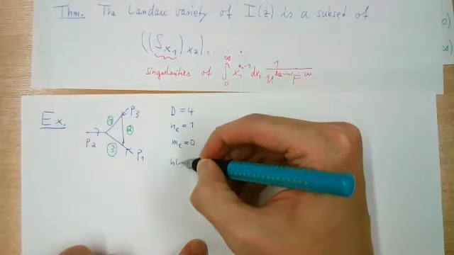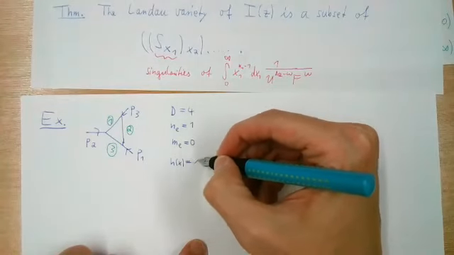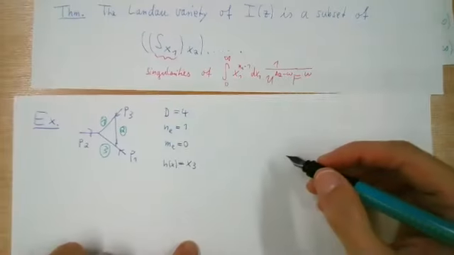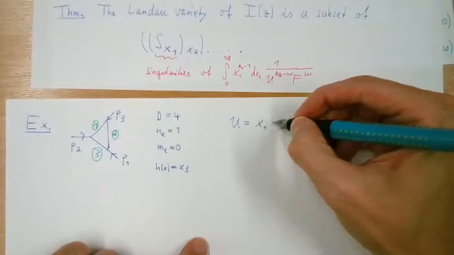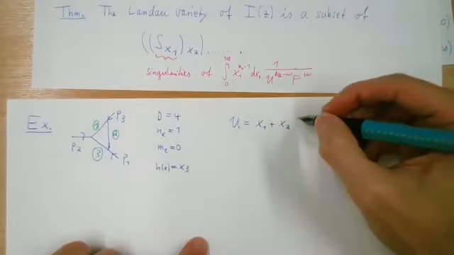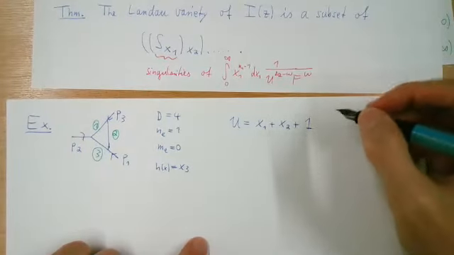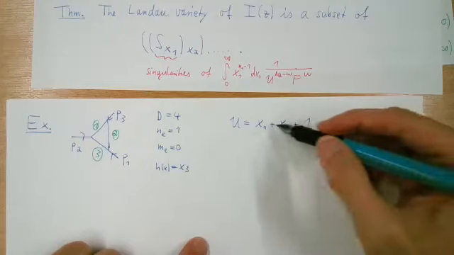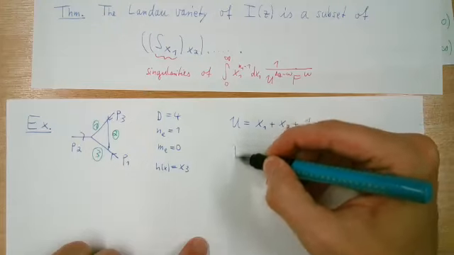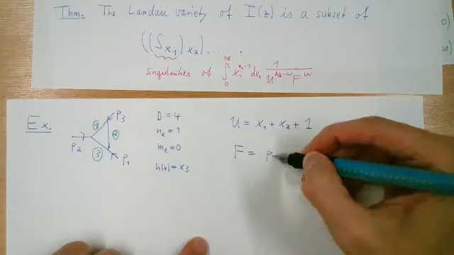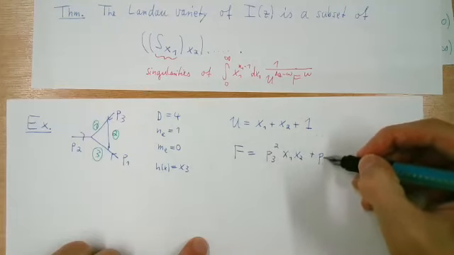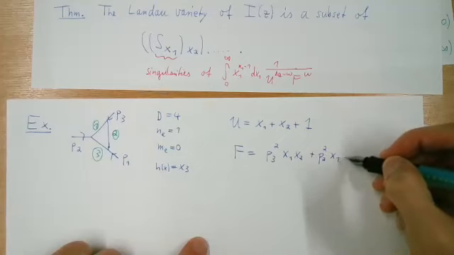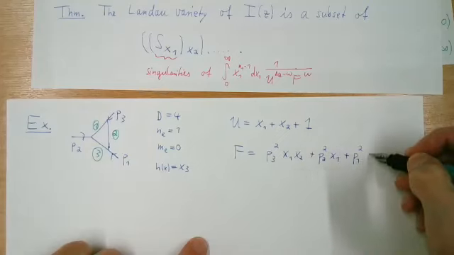And I use the projective delta distribution to fix x3. The graph polynomials, we looked at them at the beginning of the last lecture. So now I set x3 to 1, so I get x1 plus x2 plus 1. And the second polynomial has the 3 momenta in it: P3 squared x1 x2 plus P2 squared x1 plus P1 squared x2.